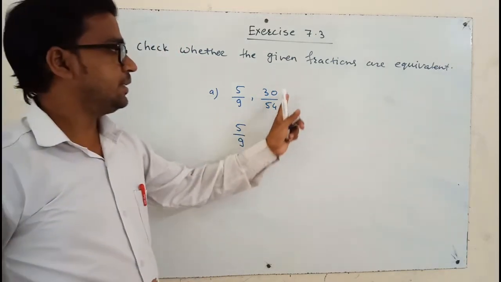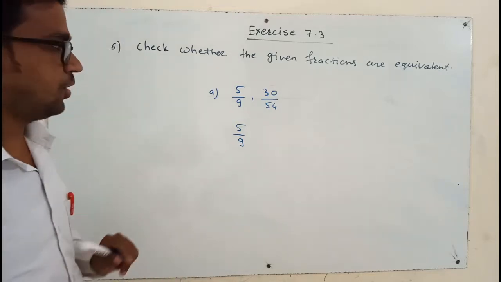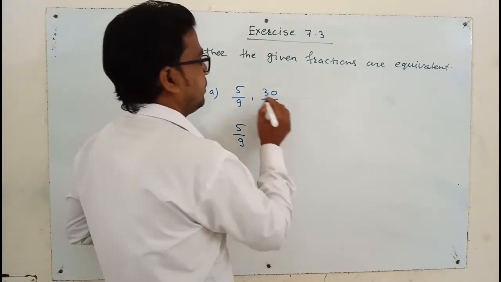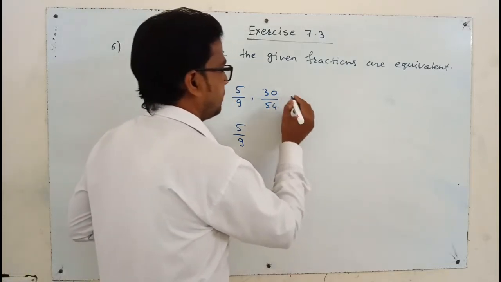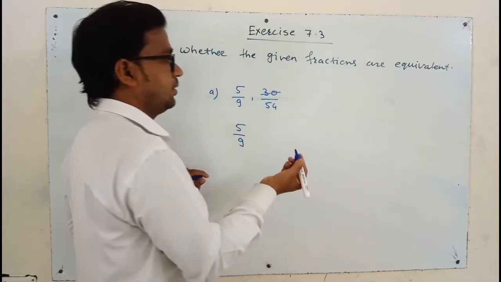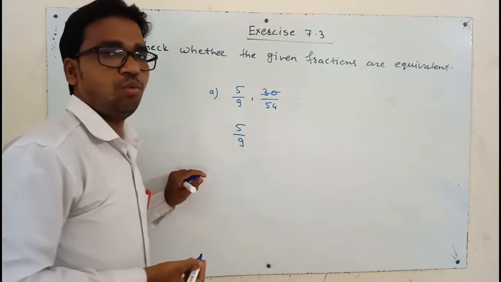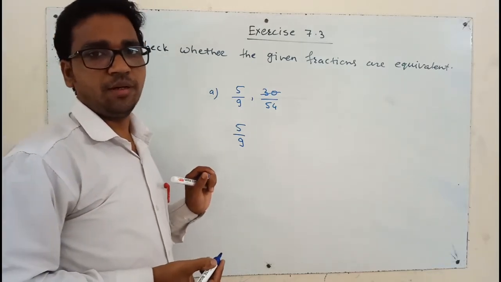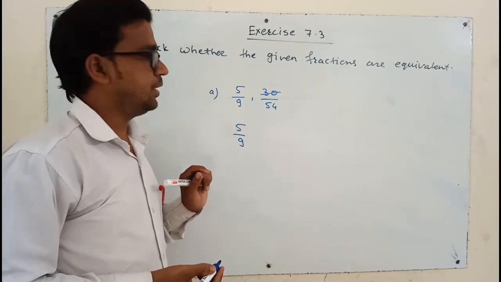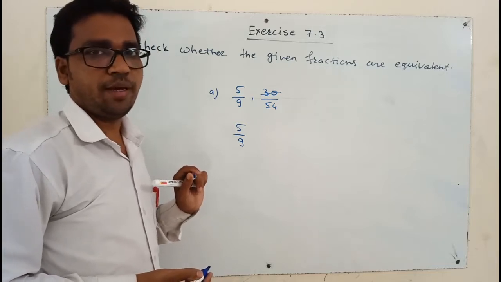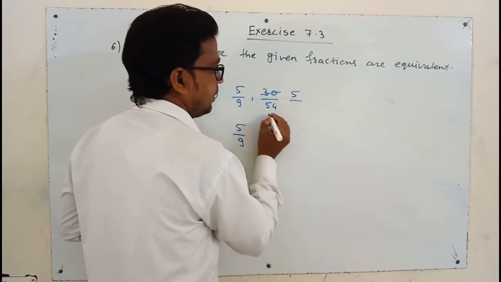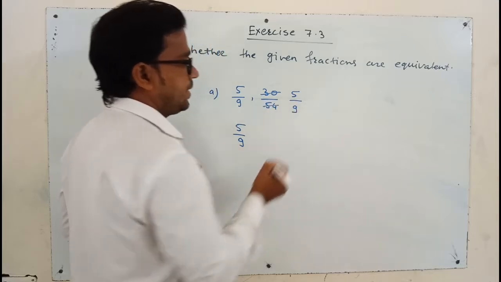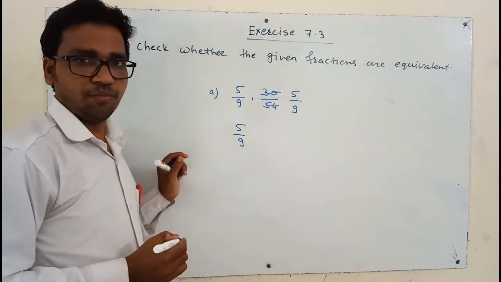Now here it is 30 and 54. So we make it simple. How to make it simple? We divide both the numerator and denominator by the same number. Here I divide both numbers by 6. So 6 fives are 30 and 6 nines are 54.